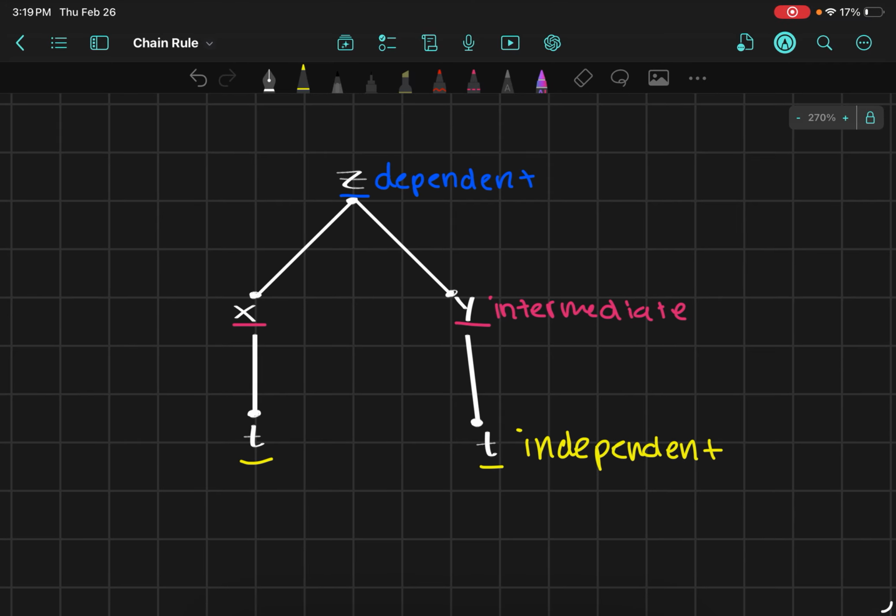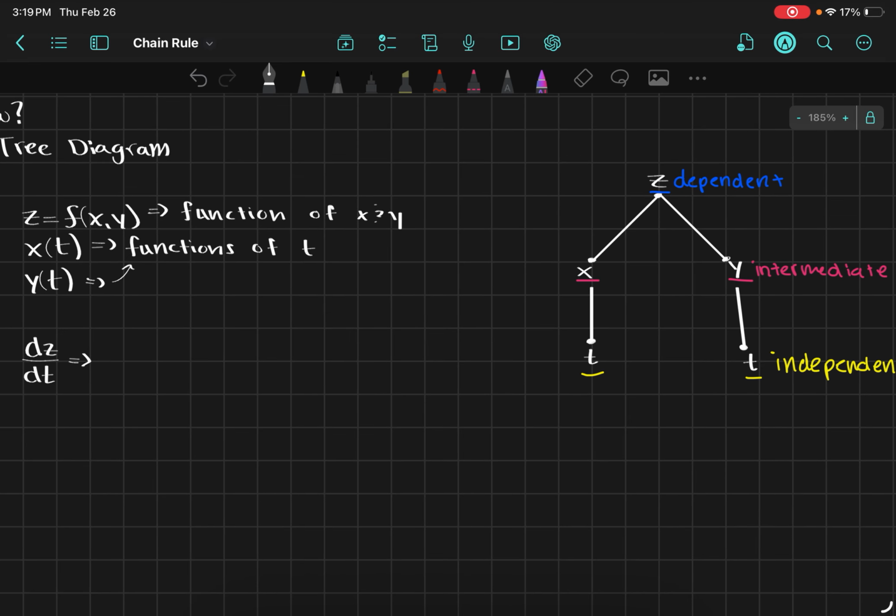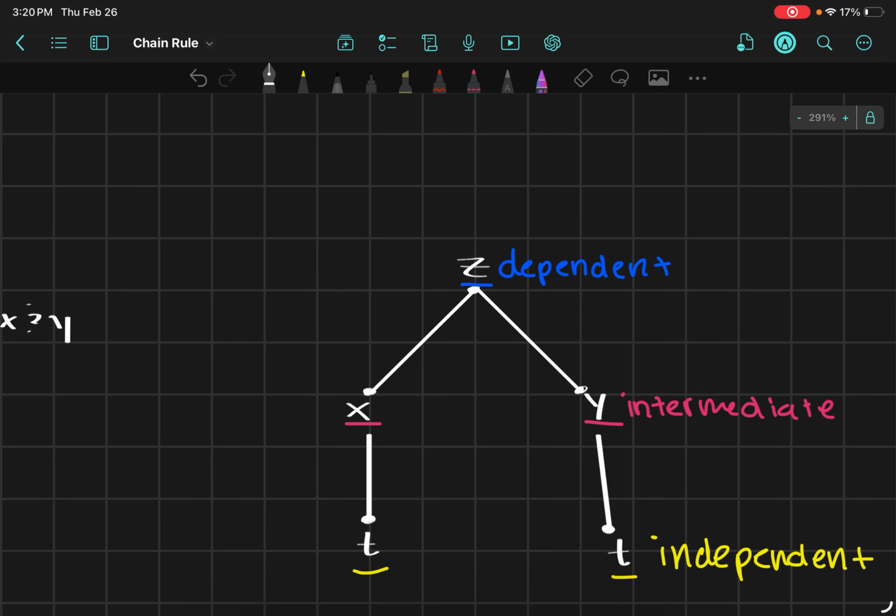You may be asking, how do we take the derivative of z in terms of t? What we're going to do is take partials along every route from z to t. With respect to x, we're going to take the partial derivative of z with respect to x this way. I'll use red.